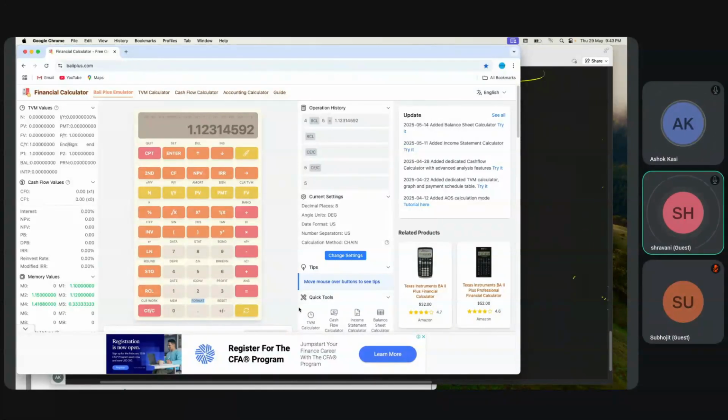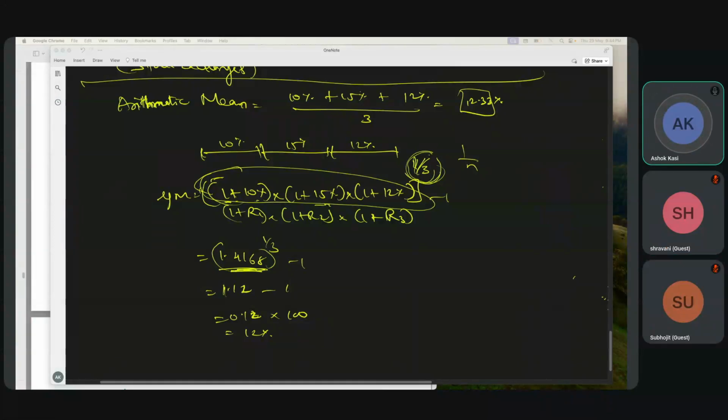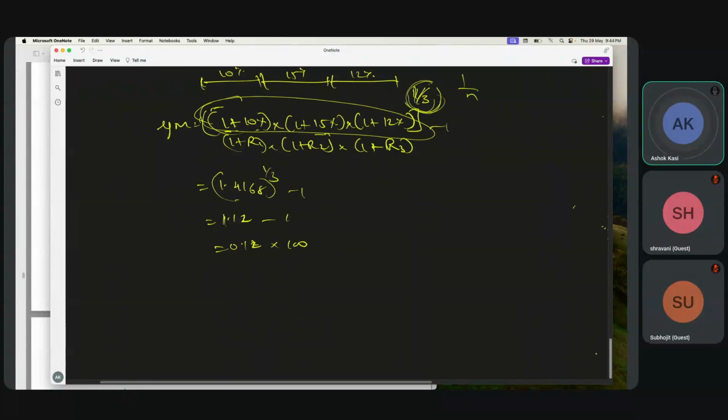Yes, sir. Got it. Geometric mean. Now, if I'm doing this only for, imagine this is first quarter. First quarter's return is 2 percentage.